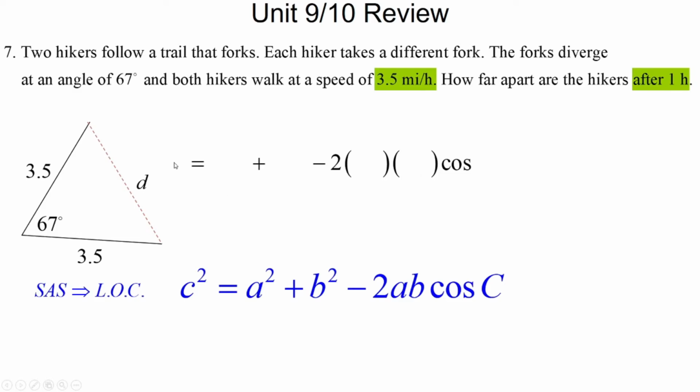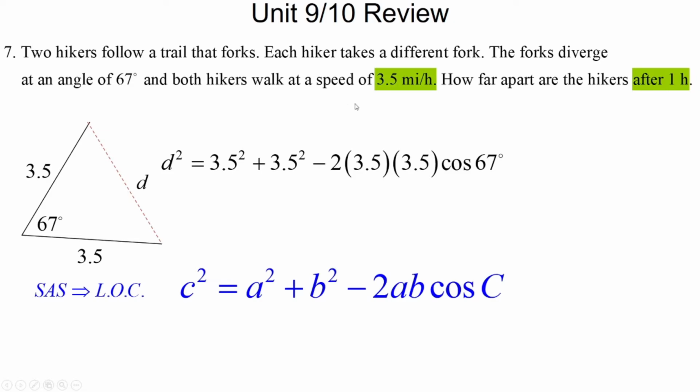So I'm going to start with d squared, and then the a and the b are the sides adjacent to the included angle. So that's going to be 3.5 squared plus another 3.5 squared minus 2 times a times b, or 3.5 times 3.5 cosine of the angle c, which we know that angle is 67 degrees.